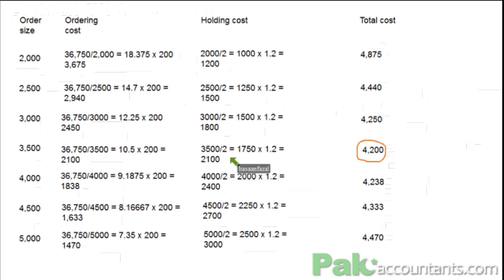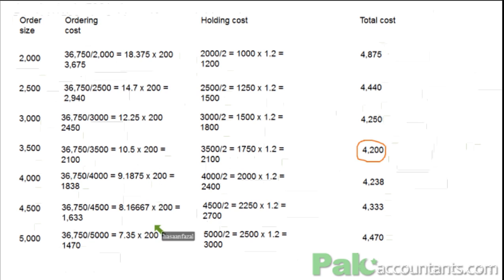And that's again after a certain point where the two are equal. Well, in our situation they are completely equal to each other, but it can be possible that they are not exactly equal but really close to each other, and then it starts increasing. So what we have to look at while determining the economic order quantity is the total cost. Whichever order size gives us the least amount of cost, we'll go with that one.